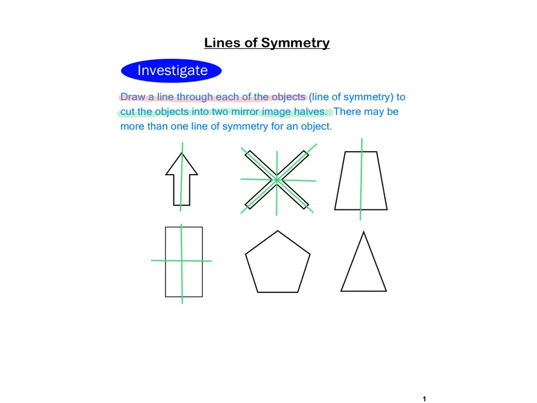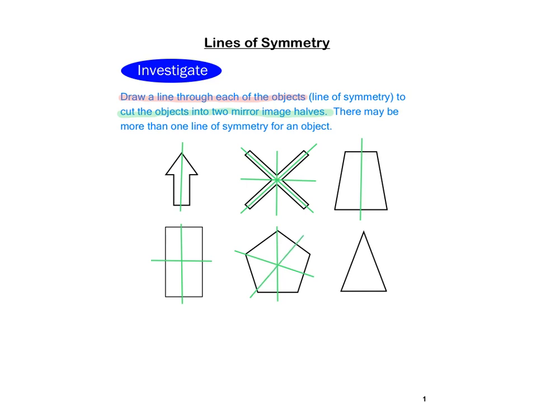The next thing we have is a pentagon. Can we draw a line of symmetry for that? There's 1 line of symmetry. Can we draw another one? Sure can. Is there any others? Yep.